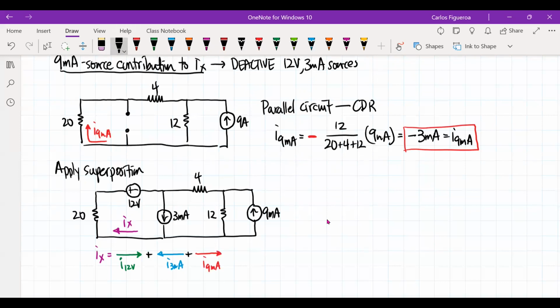From superposition, it's got to be I of 12, which is minus 1/3, then the blue is 4/3, and then the red is minus 3. If I add these up, I get minus 2 milliamps for Ix, which is the current through the 20K.